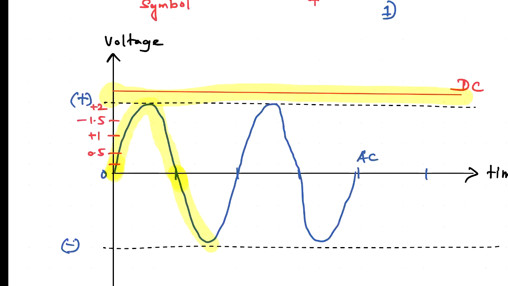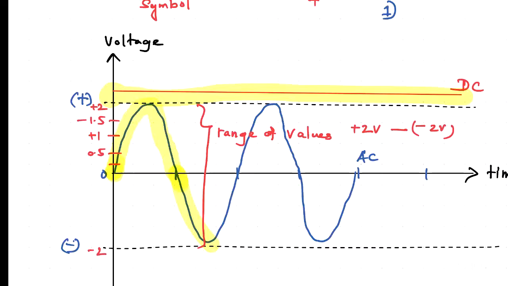Likewise, you will be getting a range of values. So in this case, it is +2 volts to -2 volts. I'll label this one as -2. So remember that point. There's a range, but when it comes to DC current or DC voltage, you will be having just a fixed value.